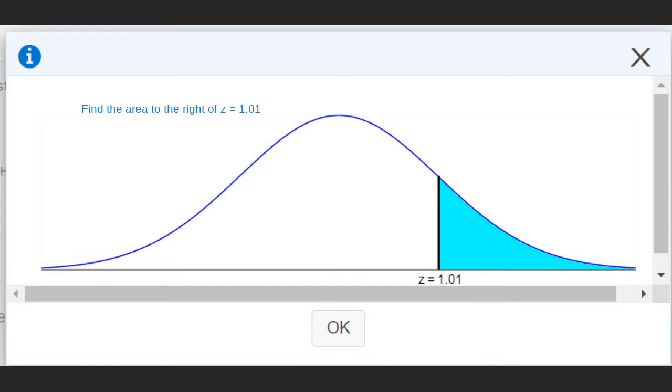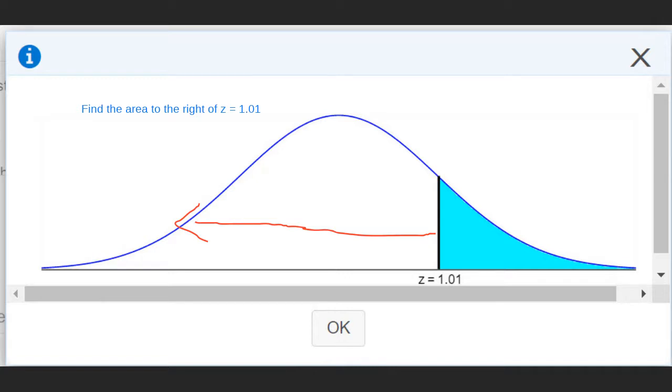Well, the table's not going to give me the area to the right. The table's going to give me this area right here. So I can get this from the table. I can spell. Not well. There. I'm going to get the area to the left from the table.